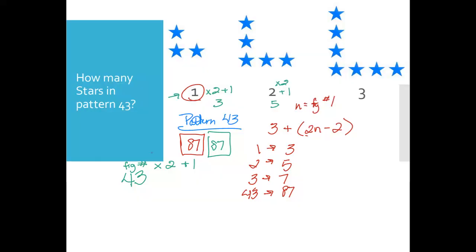Take a look at what Che had, and can I simplify that expression? And if so, what would it be?